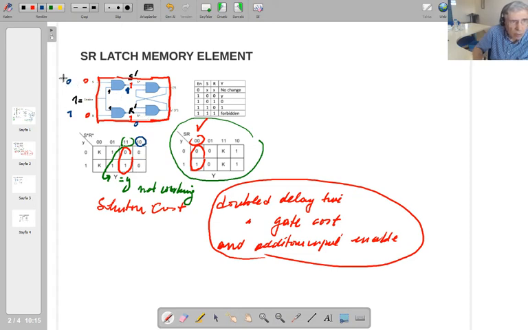Now, in this case, the S star R star output is the same as my SR memory element output as well, so that is the same as this. So that is the validation of this column in the definition relation.